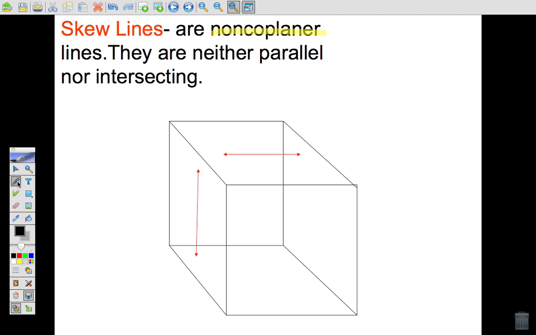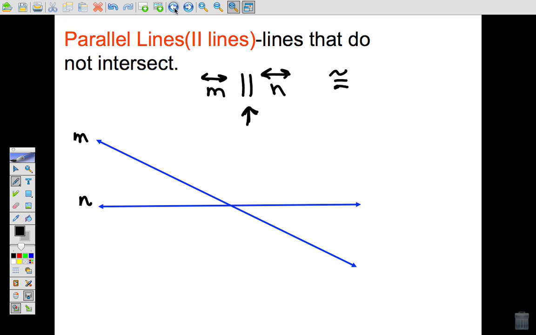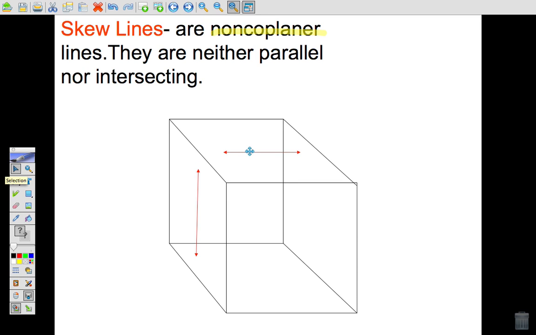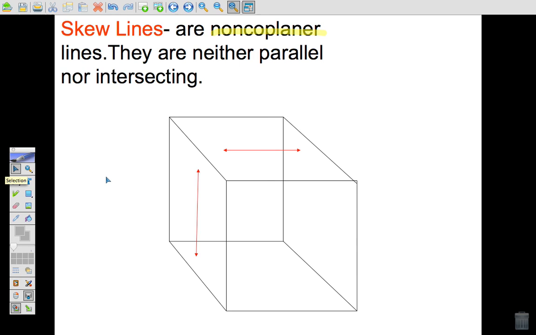Now skew lines are neither parallel nor are they intersecting. And the reason for this is, if I had that box and that red line that was on the top, and it kept on going and going and going, it's very possible that the other line on the side, if it kept on going and going and going, wouldn't cross, they wouldn't touch, because maybe this red line is a little bit further to the left over here, and maybe this red line on the top is a little bit down here.